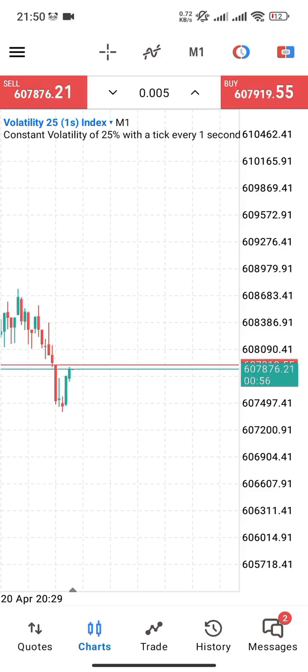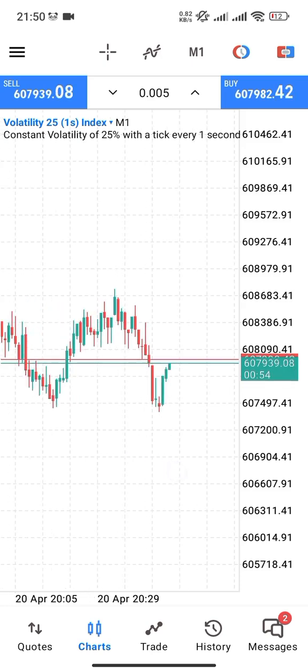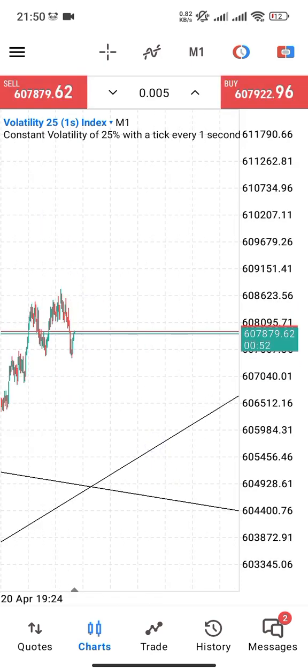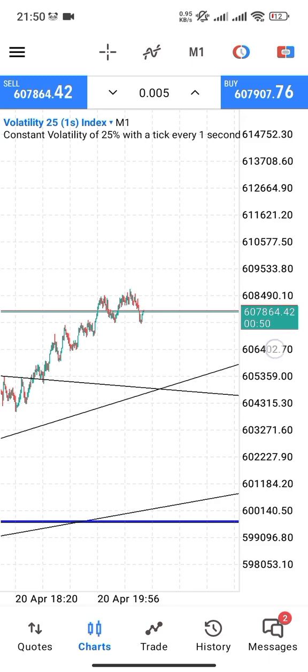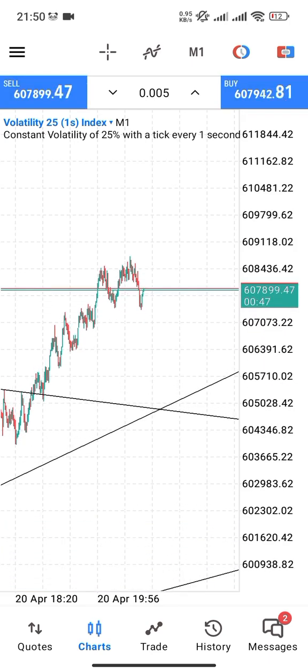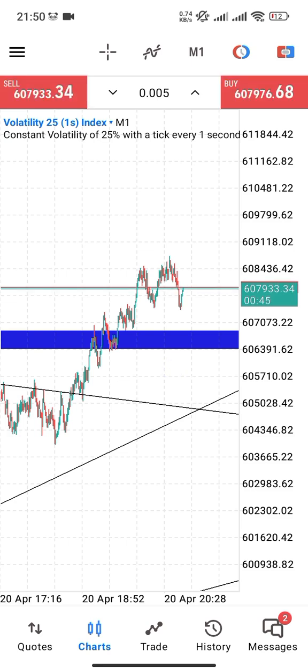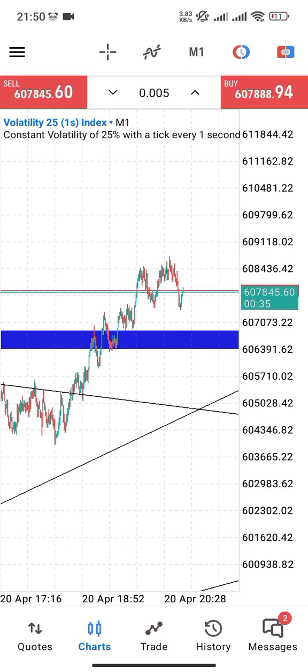We did another analysis to back up our claims in a 1 hour time frame, and now we are here looking for entry after all the three higher time frames have agreed that yes, this market is going for a buy. What we now have to do is look for candlestick confirmation.